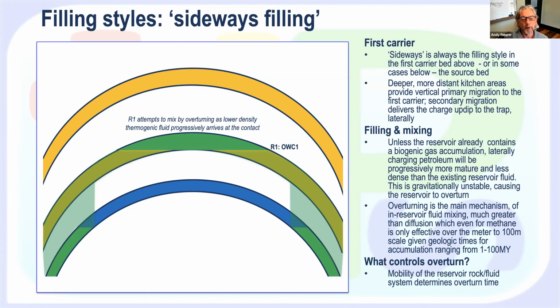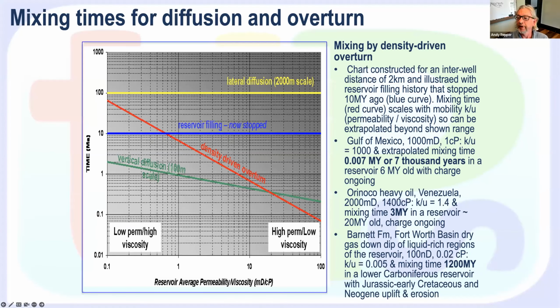One of the most important charts, this is from William England's work at BP in the late 1980s, is probably the most important chart in any reservoir fluid fingerprinting or continuity study. The main point on it is this red curve.